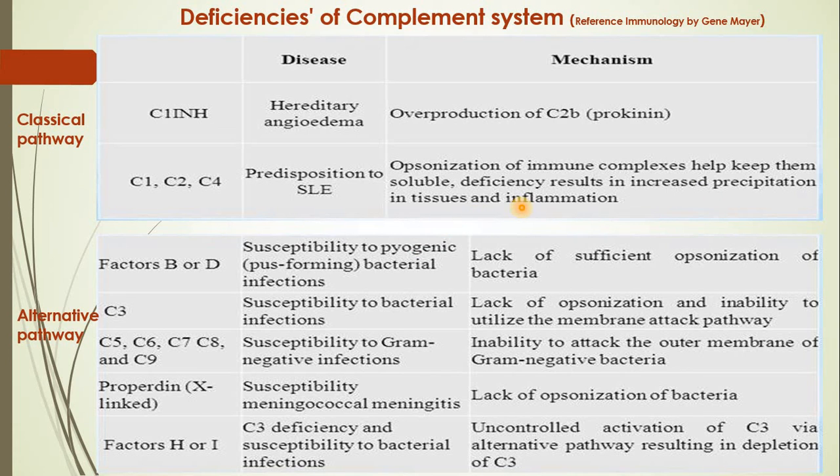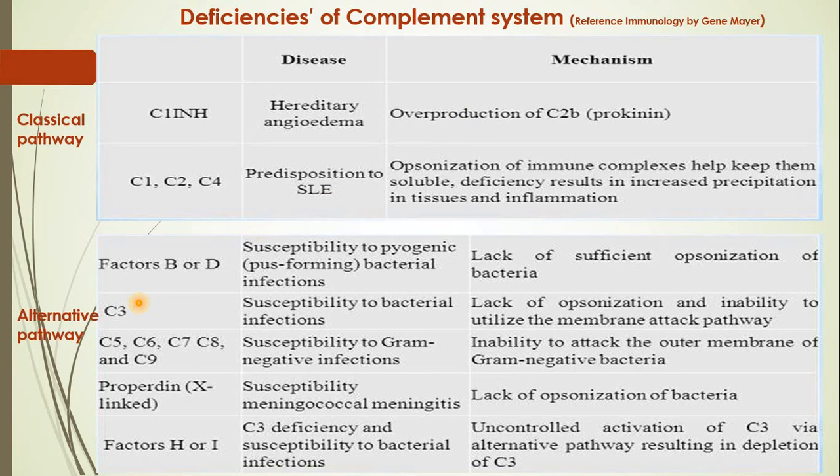So there is always swelling in the body. Whereas if the deficiency is with reference to C1 inhibitor, then it results into hereditary angioedema, wherein you can see overproduction of C2B, that is prokinin.